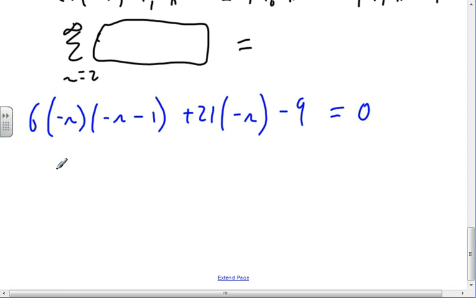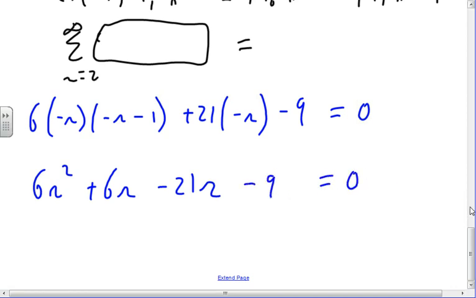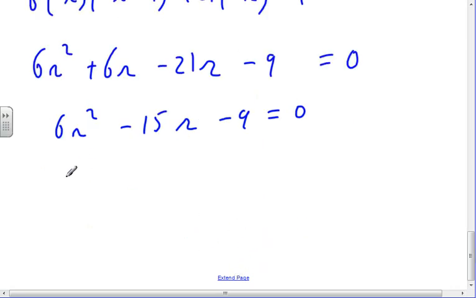All right, so now I got 6r squared plus 6r minus 21r minus 9 is 0. I got 6r squared minus 15r minus 9 is 0. I have 3r squared minus 5r minus 3 is 0.